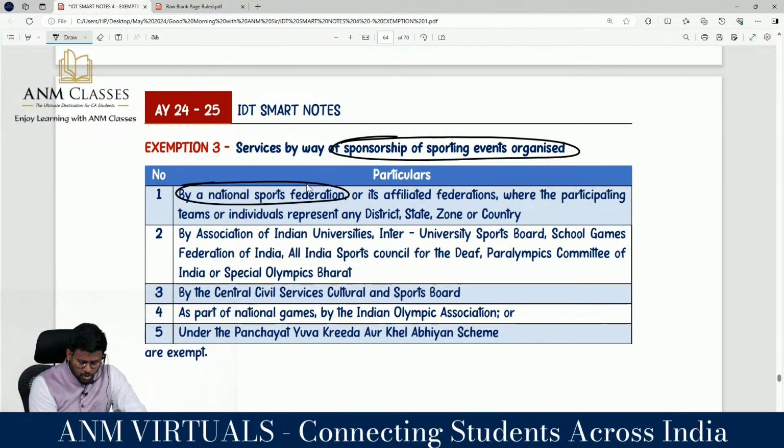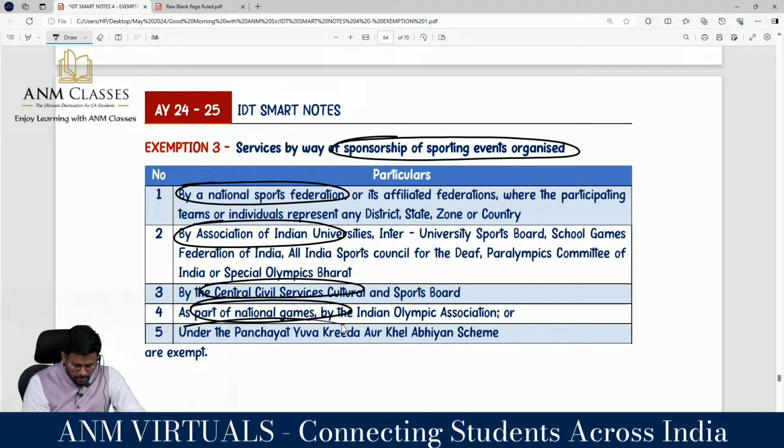Events organized by a National Sports Federation, by the Association of Indian Universities or Inter-University, or by Central Civil Services, or as part of the National Games, or under the Panchayat Yuva Krida Aur Khel Abhiyan scheme are exempt from GST. So if you are providing sponsorship for these, it is exempt from GST. Are you all really with me?